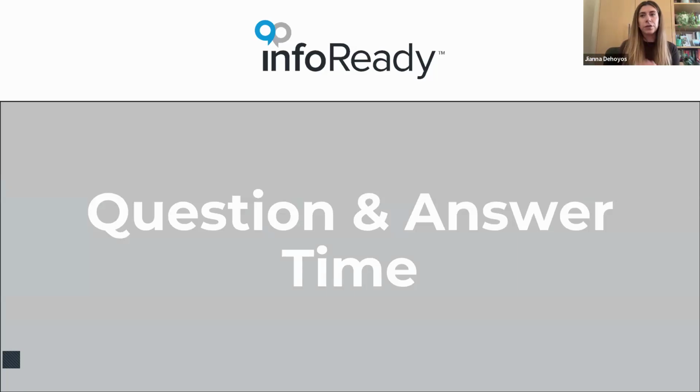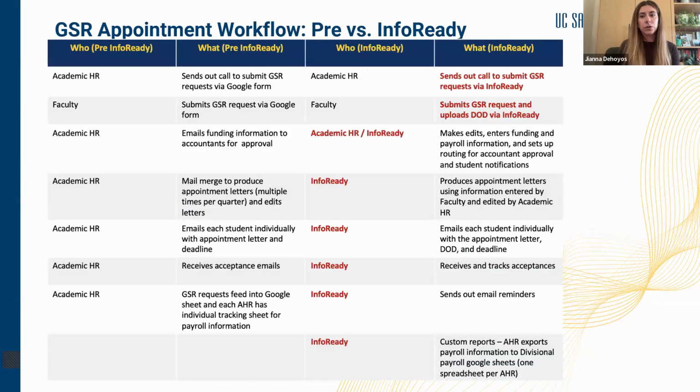It kind of depends on if it's a TA or the GSR process. All of the misconduct forms my team handles, and we do that more in the onboarding process as we're doing new hires. And then InfoReady sends the reminder emails for the students to accept or decline.